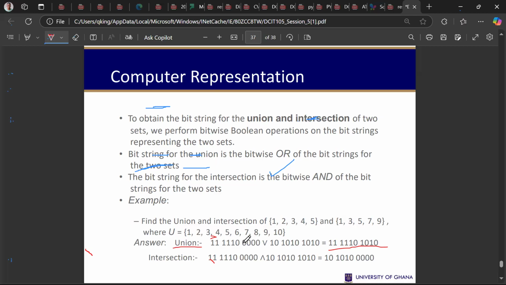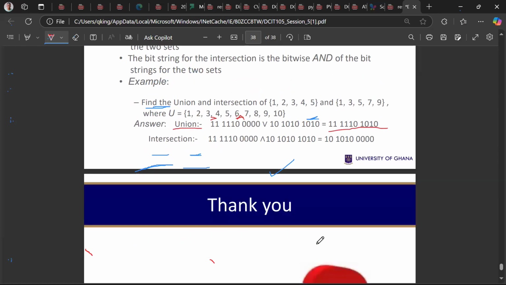What a union means is that if either bit is 1, then it has to result in 1. Let's name this one as set A, and this one as set B.